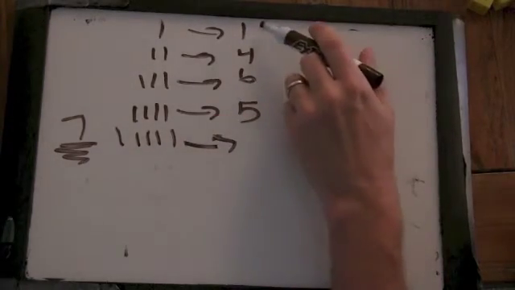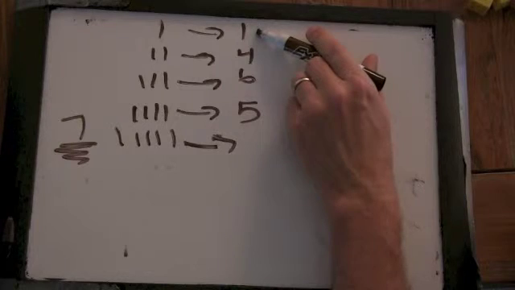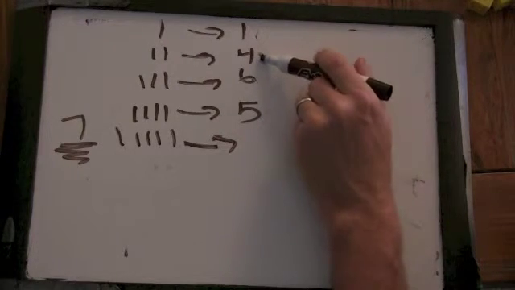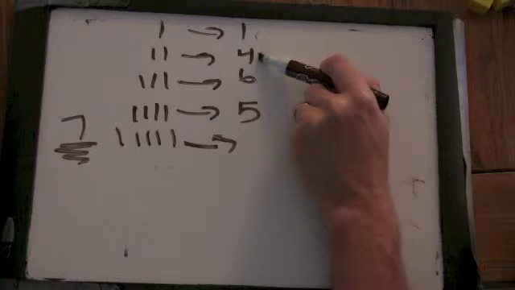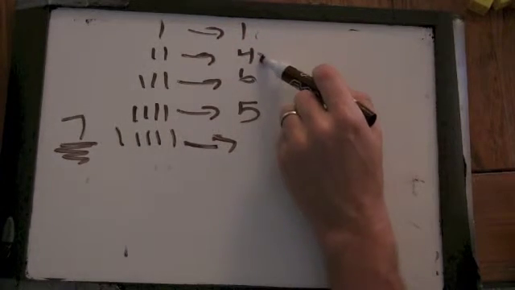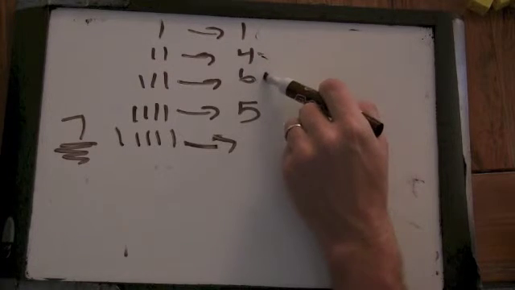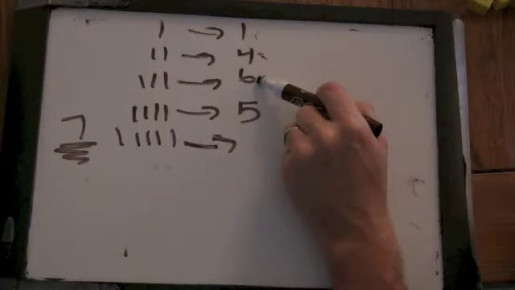Look what I'm doing over here with the remainders. Multiply 1 by 10, I get 10. Add 1, I get 11. What's that remainder when I divide by 7? 4. Now multiply 4 by 10, I get 40. Add 1, 41. What's the remainder when I divide 41 by 7? It would be 6, because 42 is divisible.